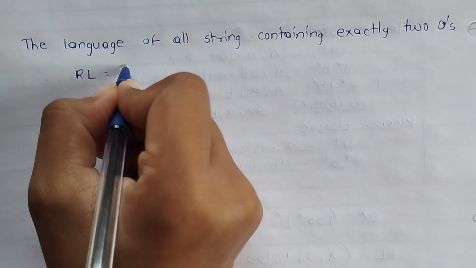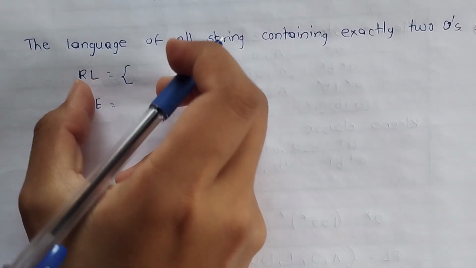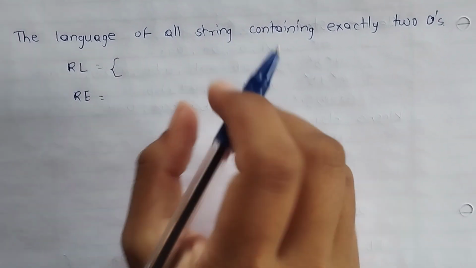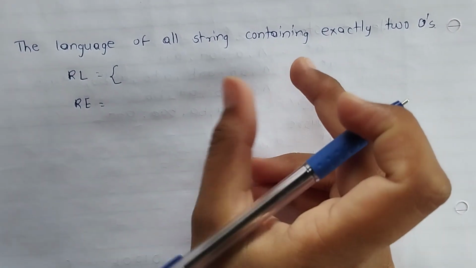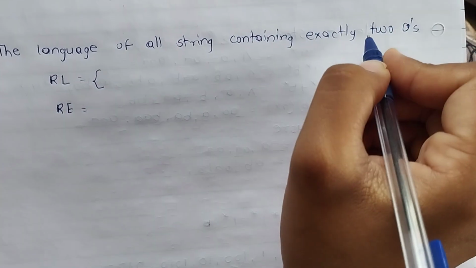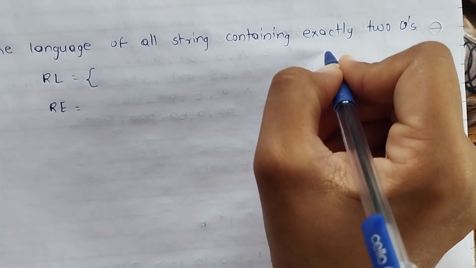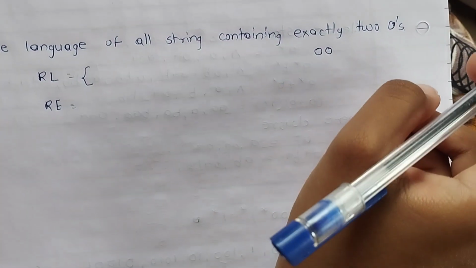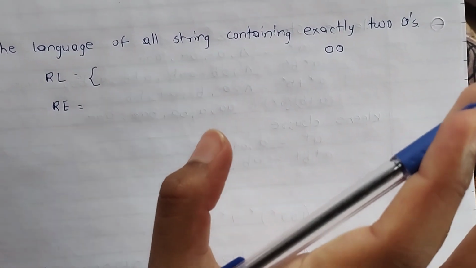All the possibilities we write in the regular language. The statement says the language contains all possible strings in which exactly 2 zeros are present. So all these possibilities we write.